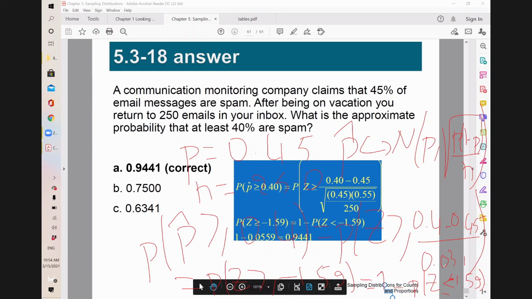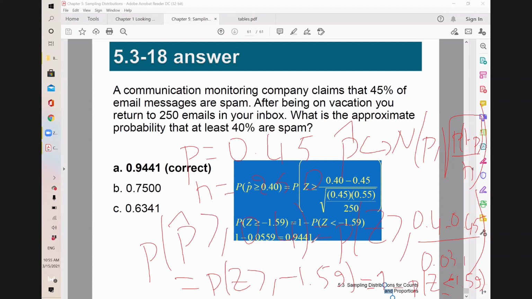In the table, when Z is minus 1.59, we can evaluate it, and to conclude, in terms of probability we have something like 0.9441 for having more than 40%, which is natural because the average is 45%.